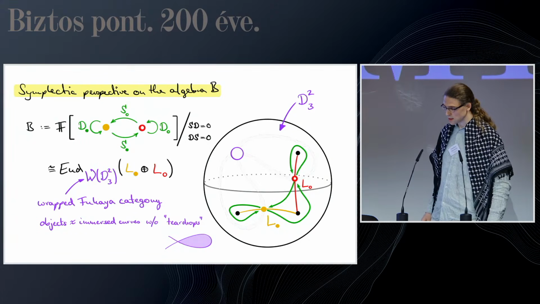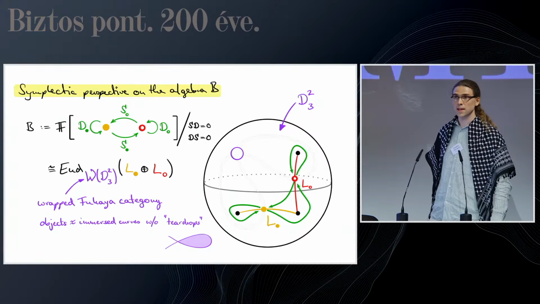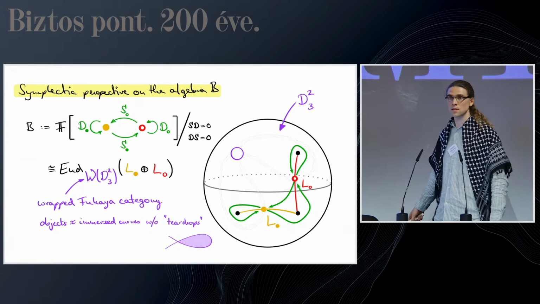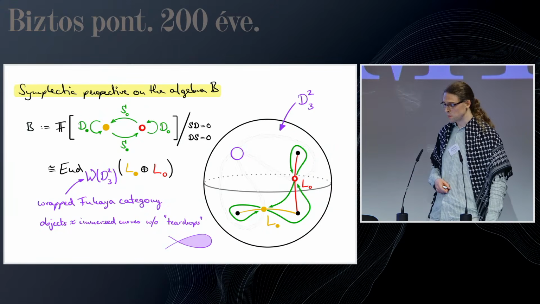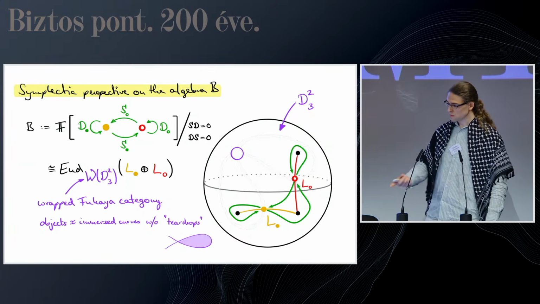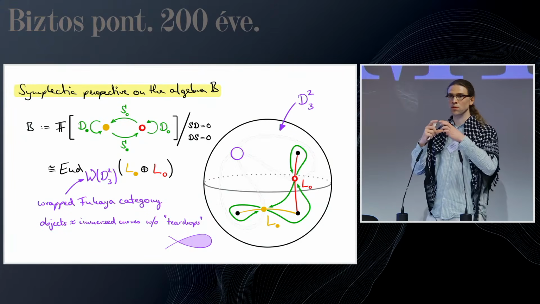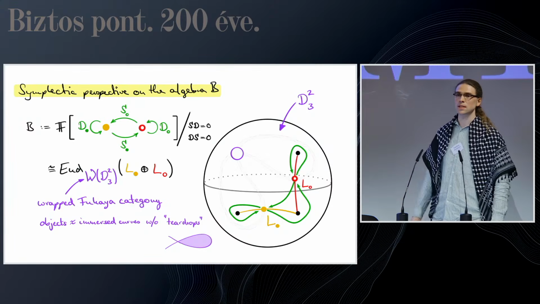I said this is isomorphic to the endomorphism algebra of these two objects in this wrapped Fukaya category. In general, objects in this Fukaya category are some immersed curves that are unobstructed, meaning that they don't have any of these teardrops. So they don't bound any such disks.